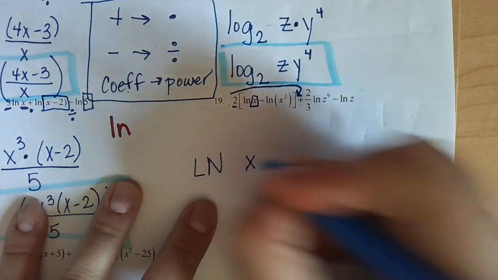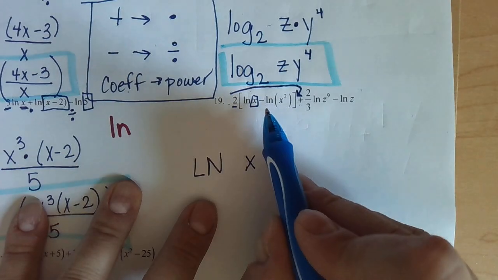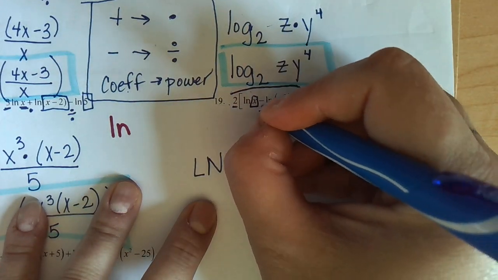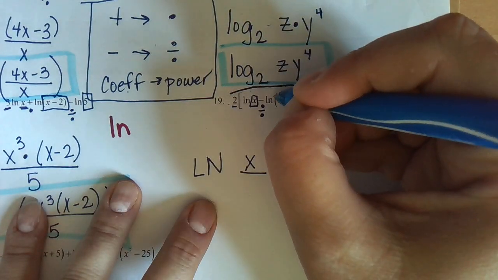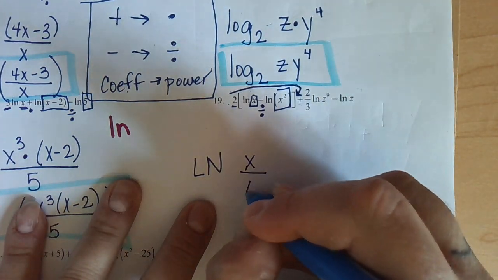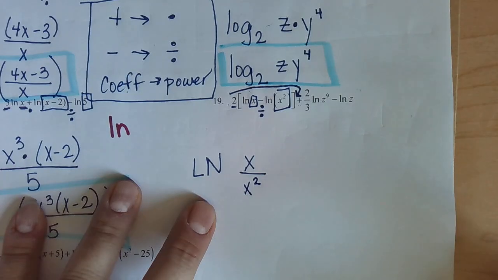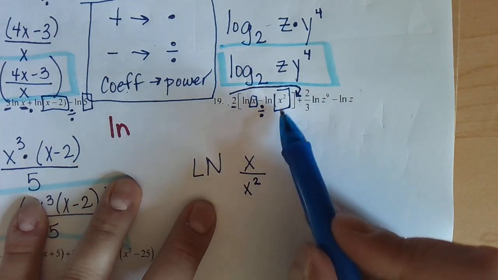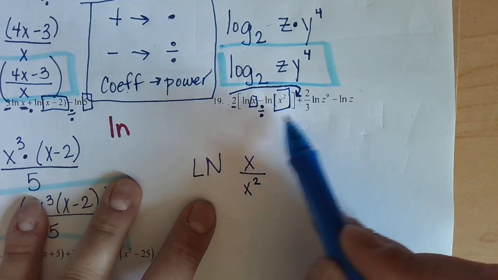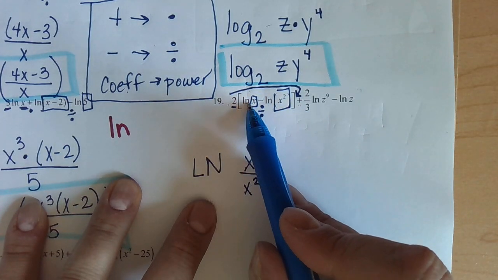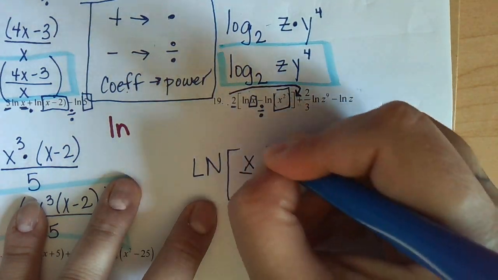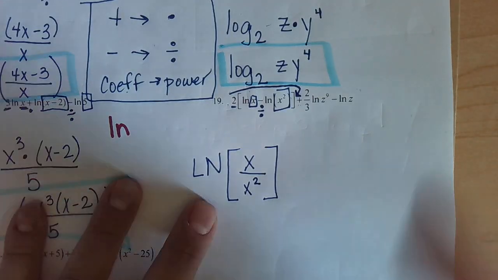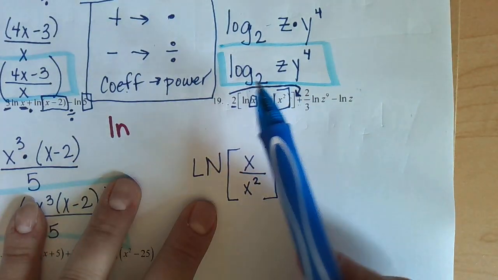There's my x. Minus means divide, so divide ln of x squared. Put an x squared on the bottom. All of that is in a big fat parentheses or bracket, so we just took care of ln x minus ln x squared. Now all of that is squared because of that 2 in front.